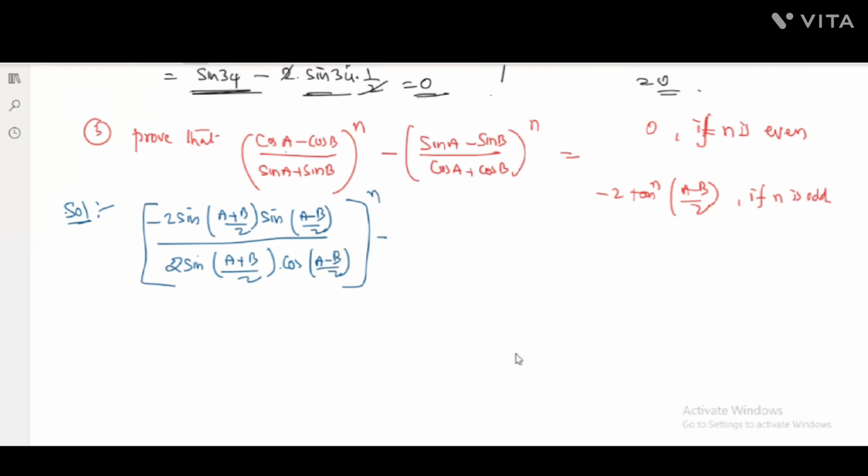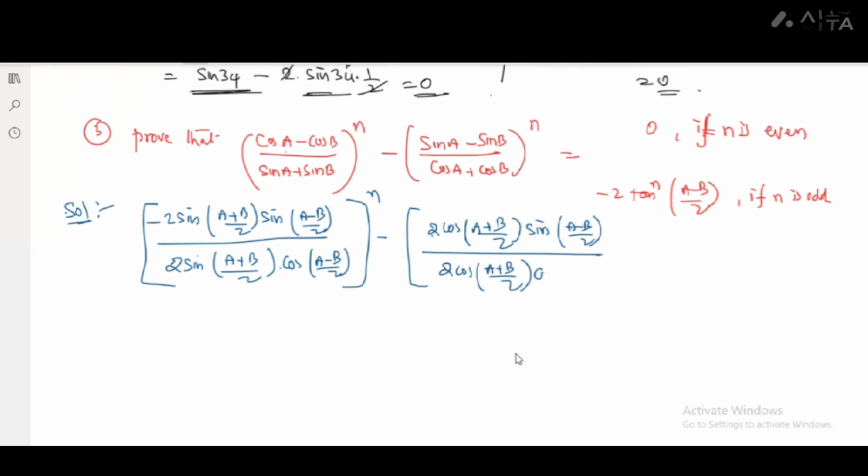Minus, here sin C minus sin D means 2 cos((A + B)/2) sin((A − B)/2), divided by cos C plus cos D, which is 2 cos((A + B)/2) cos((A − B)/2), whole power n.